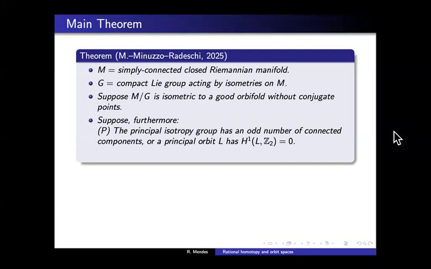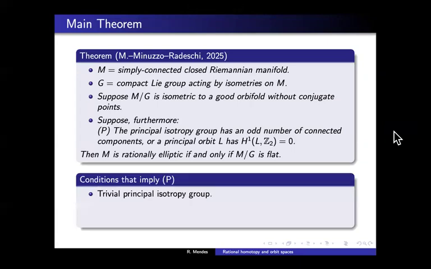Okay, so this is the extra technical condition we need to add to make things work. So once you have all of that, the conclusion is that the total space is rationally elliptic if and only if the quotient is flat. It just has zero curvature. Okay, so this would be the main theorem that we have.